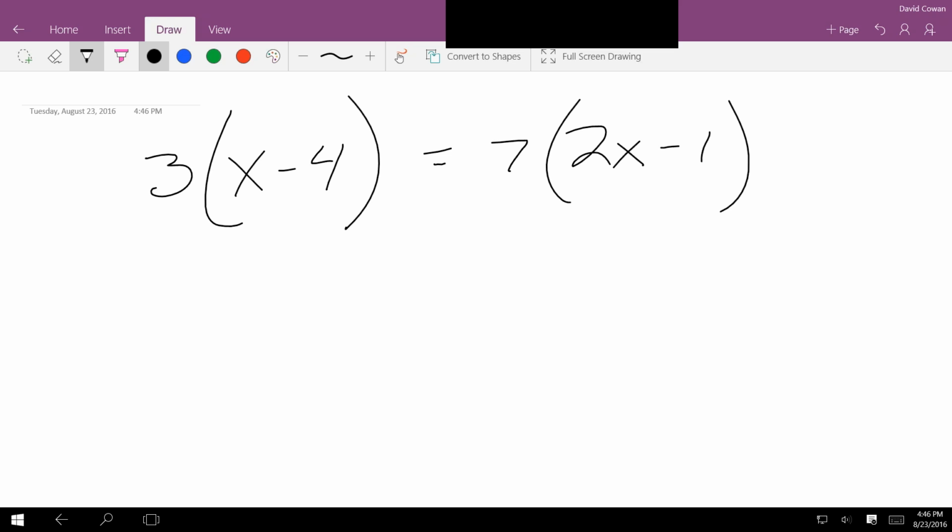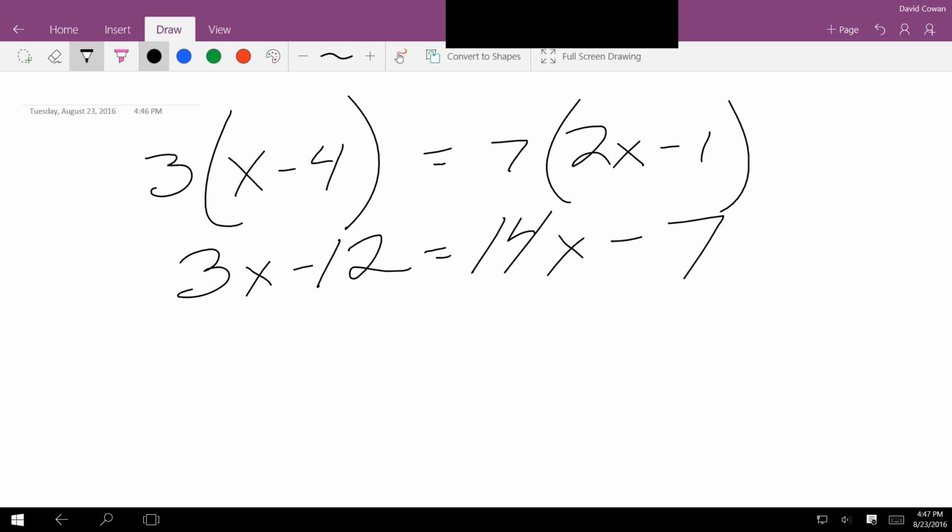Next line. 3x minus 12 equals 14x minus 7. Next line.